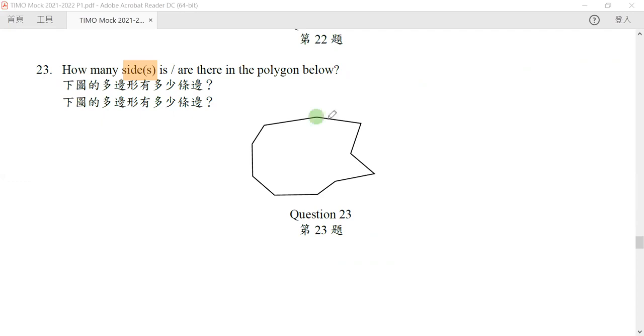So this is the first side, and this is the second one. This is our third. This is our fourth. Now I use different colors for this because they are very, very similar. And notice that these two are not the same sides.